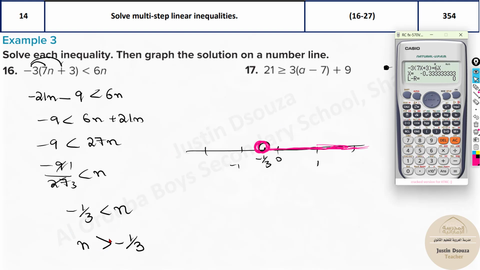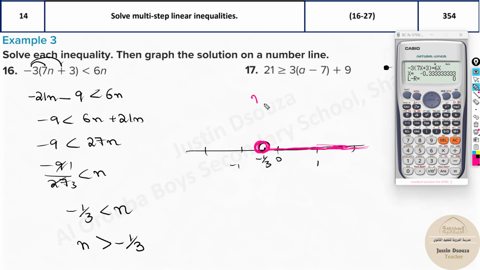That is the biggest question. So you need to remember, we have done this in the last question as well. If you're doing the calculator method, it's very crucial to check the answer. Yes, negative 1/3. But you won't know whether it's going right or left. What you can do is, after applying the distributive property here, see where is the bigger variable. 6n is bigger.